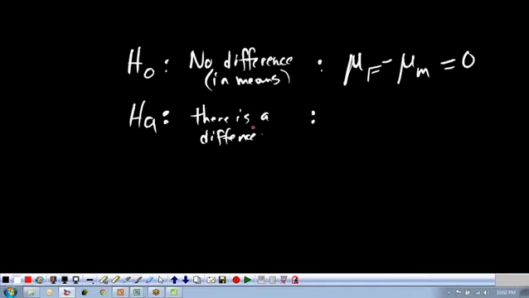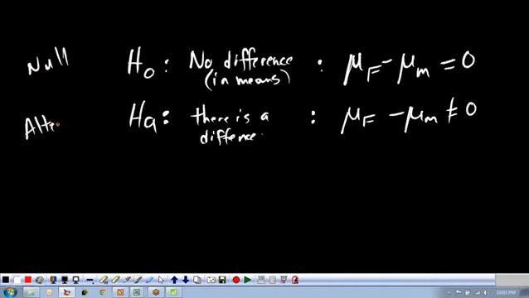On the other hand, if there is a difference, I would write mu F minus mu M is not equal to 0. That's not much of a bold statement. It either is or it isn't. So I'm breaking up the world into two possible things. This one I call the null, and this one I call the alternative. Some people call it the alternate, I call it the alternative. So this is the null hypothesis, and this is the alternative hypothesis.